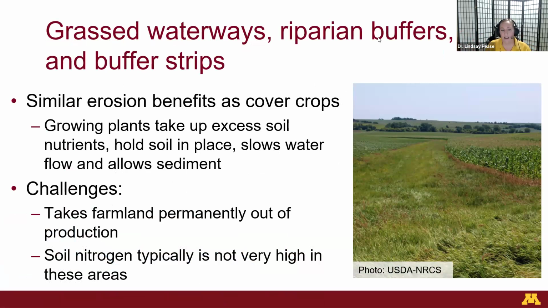But the challenges of that, of course, are that it permanently takes farmland out of production. And in terms of a nitrate benefit, this has big benefits for erosion again, but soil nitrogen is usually not that high in these areas. So you don't see that same benefit that you would with a cover crop in the field.